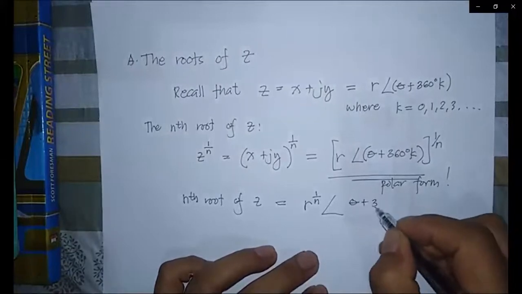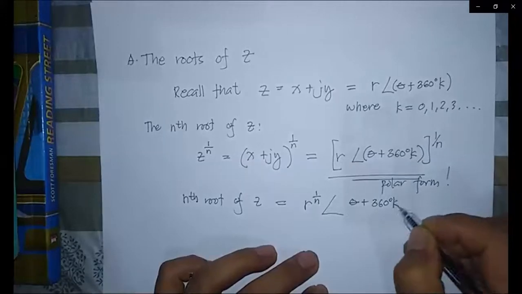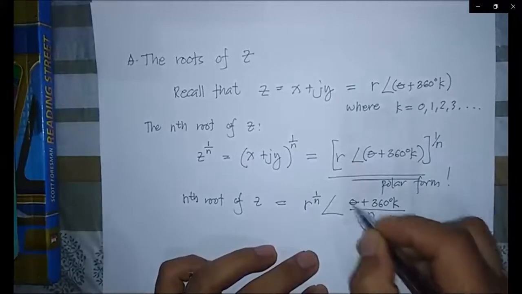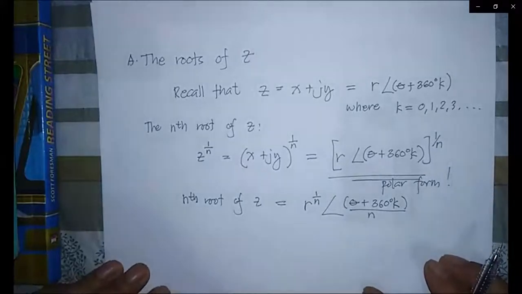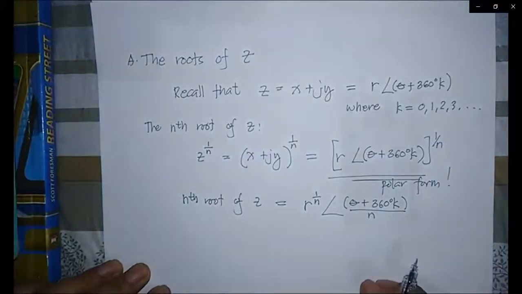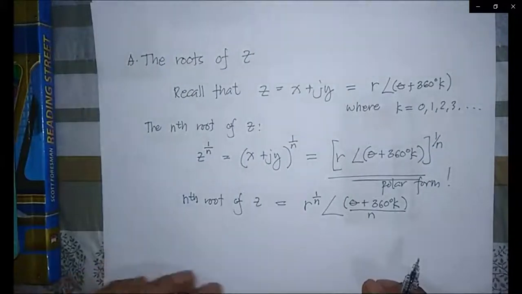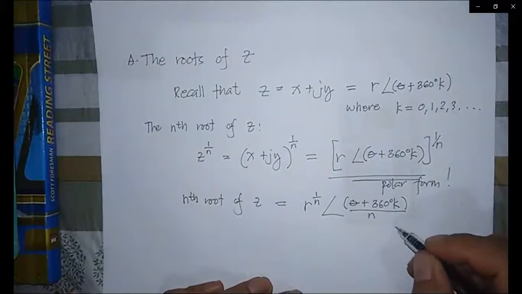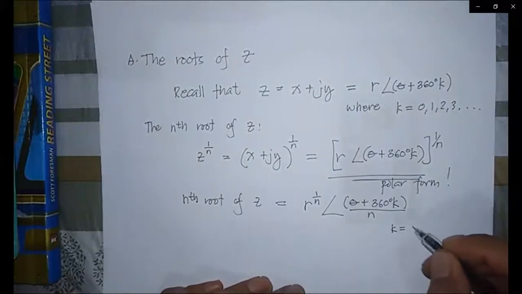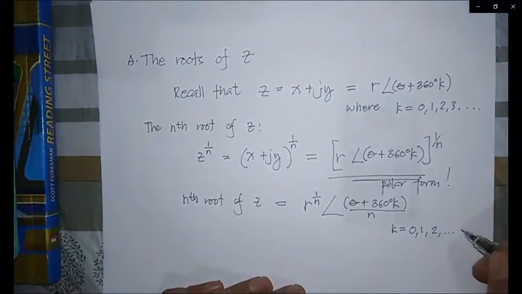It will be divided by the power of your complex number. So that will be the nth root. Now take note, this is the nth root, meaning you have a lot of roots. By the way, k can be 0, 1, 2, 3 until you reach n minus 1.